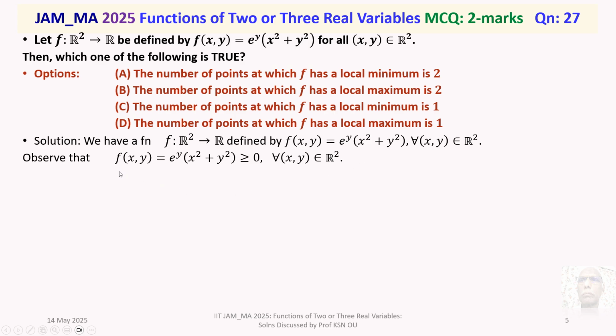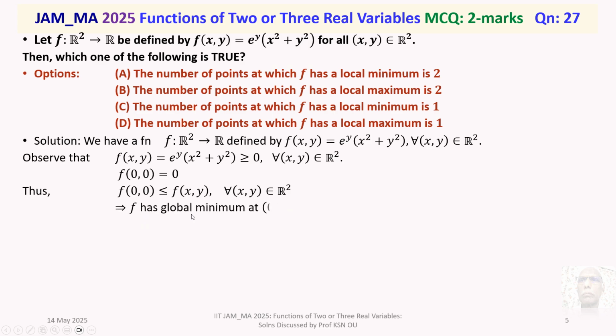And what is the value of f at 0 comma 0? It is 0. Therefore, f of 0 comma 0 is less than or equal to f of x comma y for all ordered pairs x comma y belongs to R square. This means that f has a global minimum at 0 comma 0. Therefore, f has a local minimum at 0 comma 0.